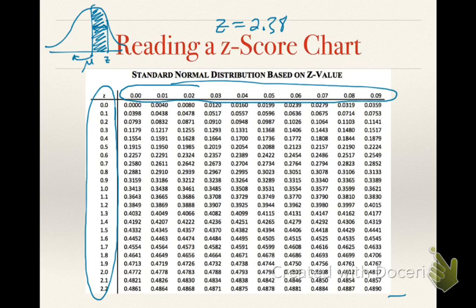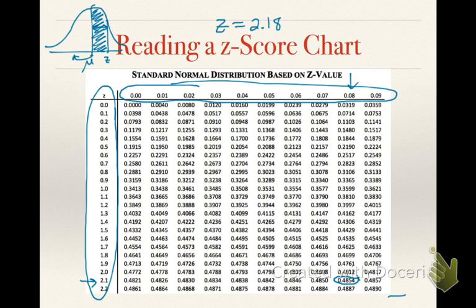So what I'm going to do is look at 2.3. Oh, let's do a different one because I didn't put that in this chart. Let's say 2.18. You're going to look at 2.1, this row, and you're going to look at the column for 0.08, because that's 2.18. And that zeroes in on this value right here.